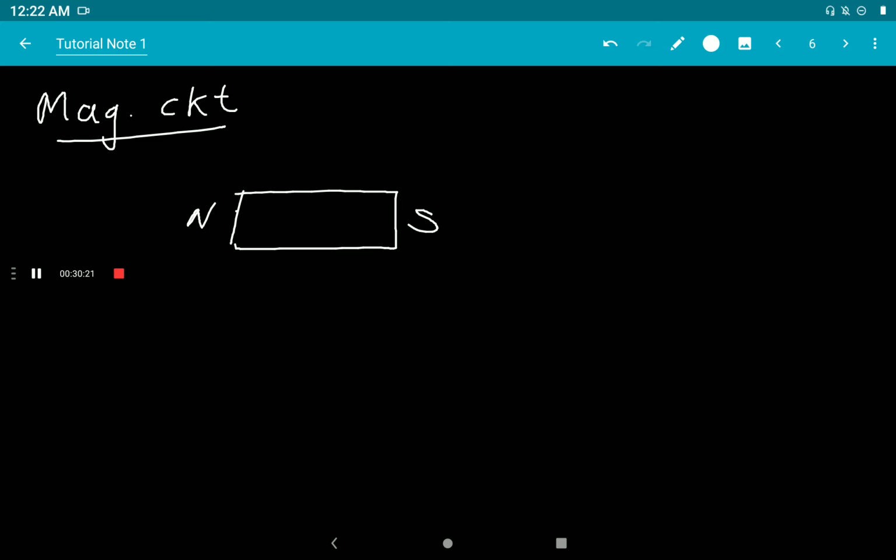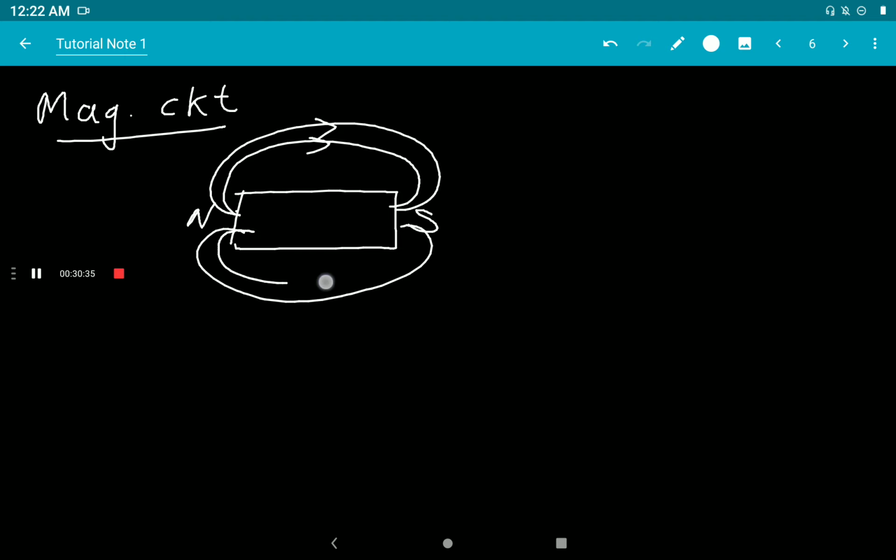We know that the magnetic lines of force go from north to south outside the magnet, and internally it will be south to north. So the complete path of magnetic lines of force from north to south externally and south to north internally is called magnetic circuit.